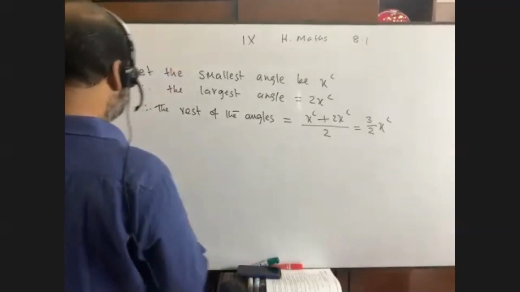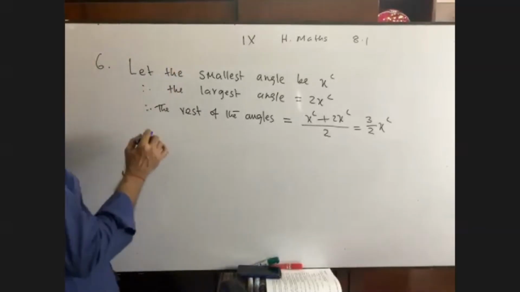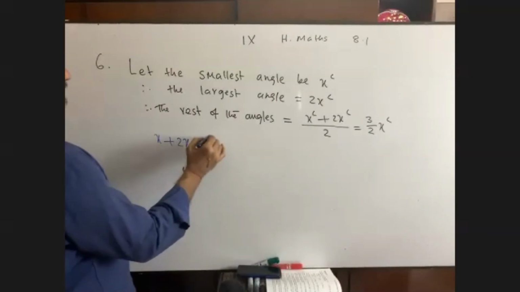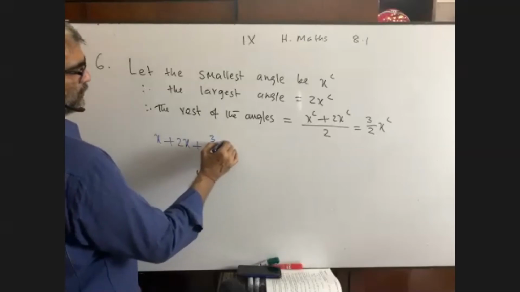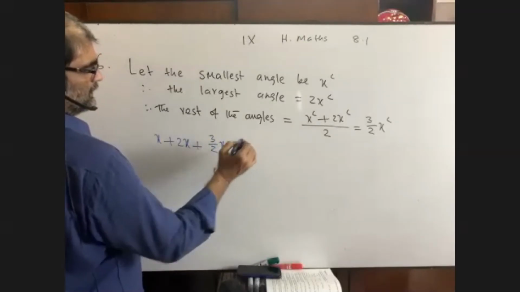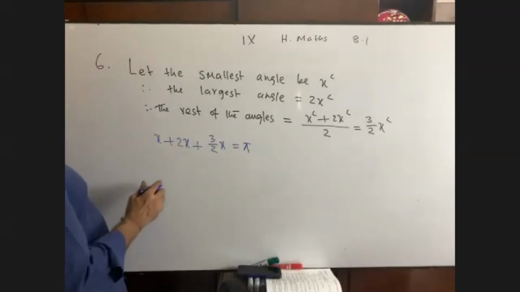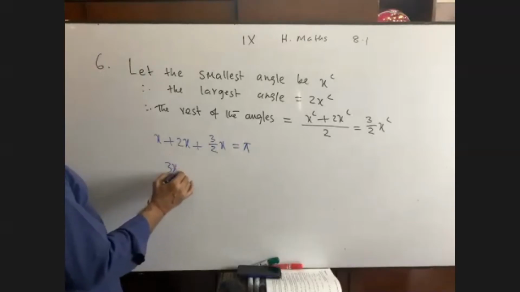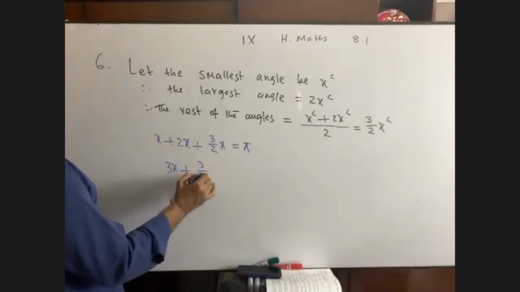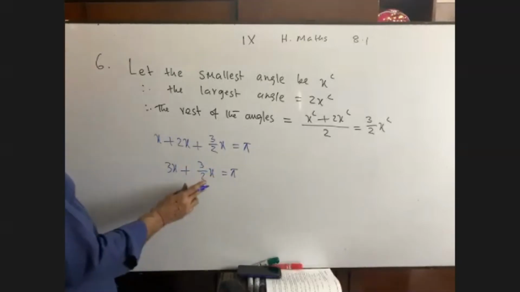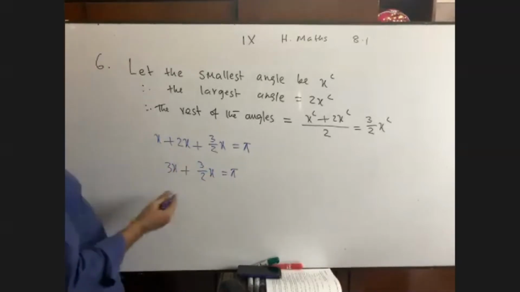So write down according to the question: x plus 2x plus 3 by 2x equals pi. The sum of the three angles is equal to pi. It is 3x plus 3 by 2x equals pi. 2 3s are 6 plus 3.